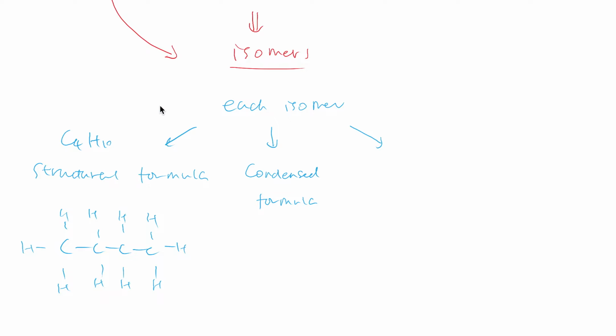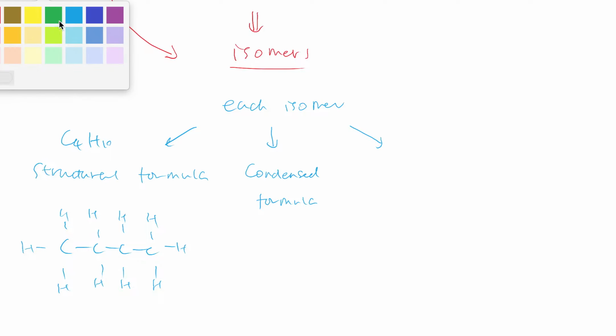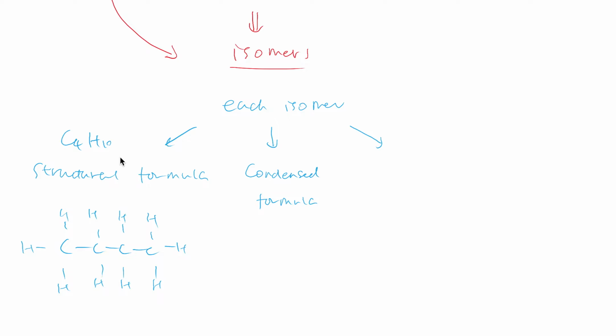When you draw your condensed formula, you draw it based on each carbon. So the first carbon, draw it in the first group, CH3, and then the next carbon in the next group, CH2, and then the next carbon in the next group, CH2.